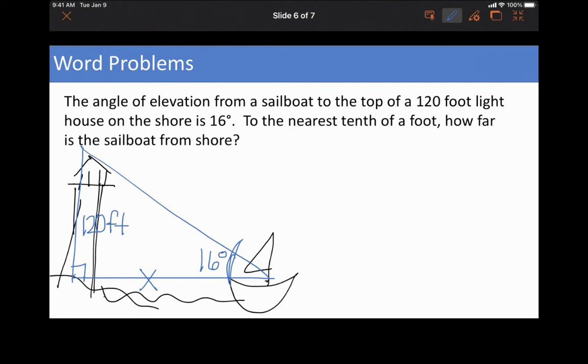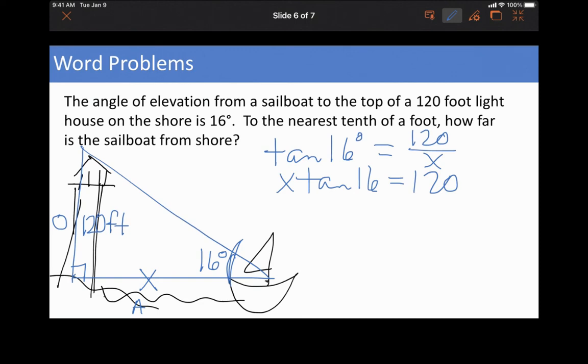So if I'm looking again at this, this is the opposite and this is adjacent. That's going to be tangent again. So tangent of 16 degrees at the angle. Opposite over adjacent. Cross multiply. And then divide.